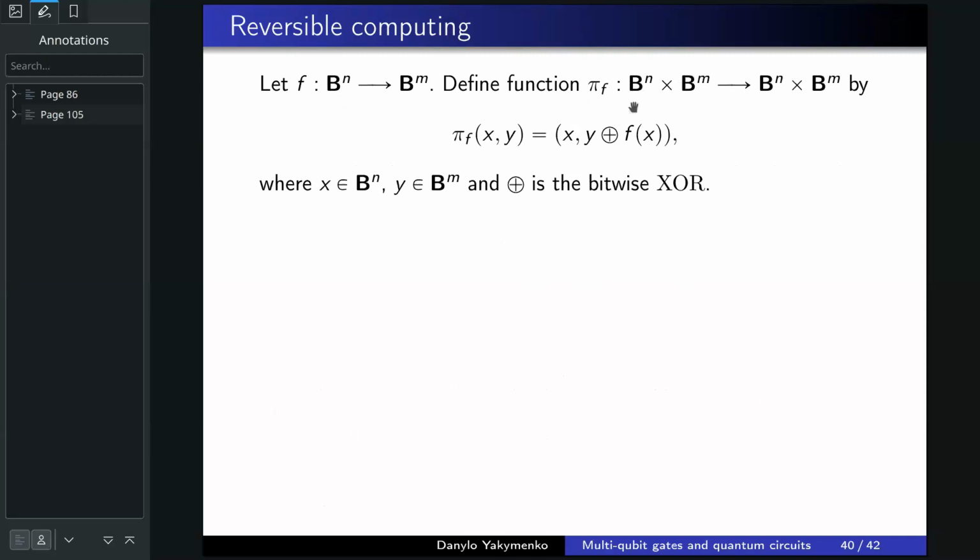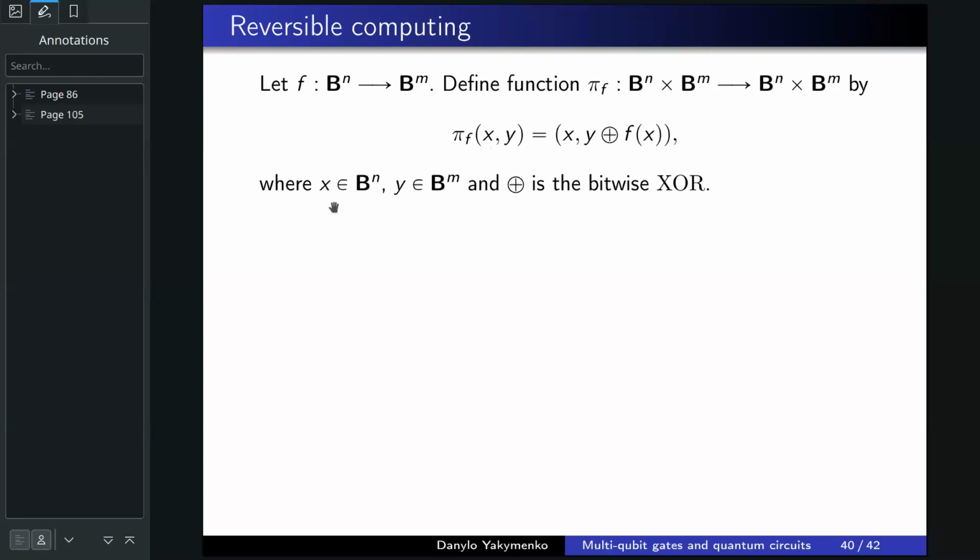This set is actually isomorphic to just (n+m)-bit strings, and the image of this set is the same set, so it acts on the same set. We define this P_f function by the following rule.